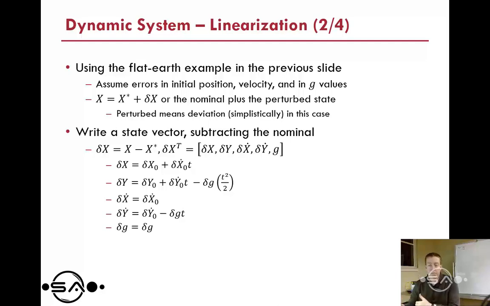Based on that deviation from the nominal state, we can estimate what our true trajectory is. As you can see, the perturbed state is just subtracting the nominal from our true trajectory.